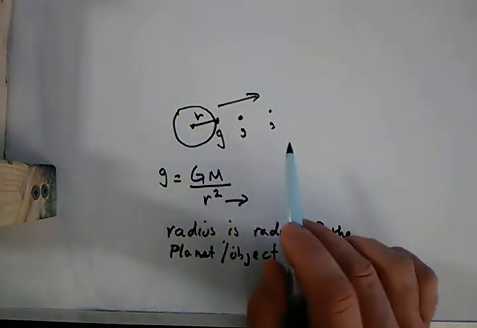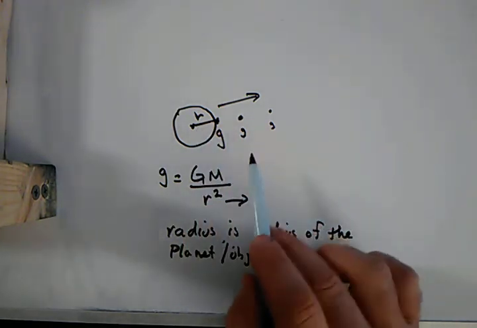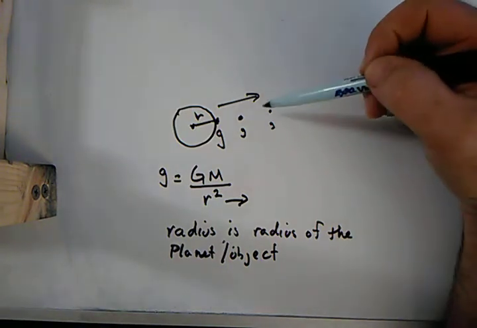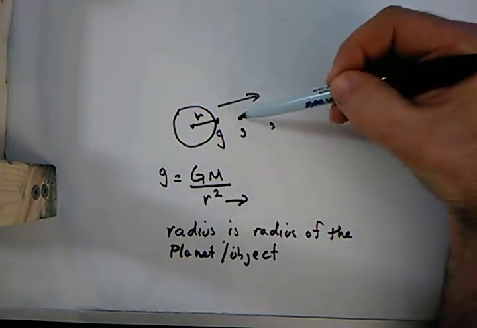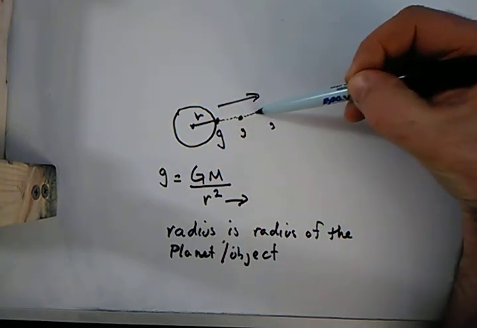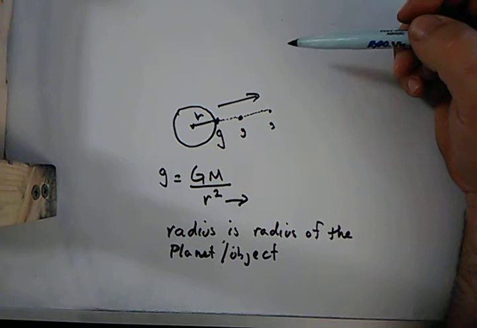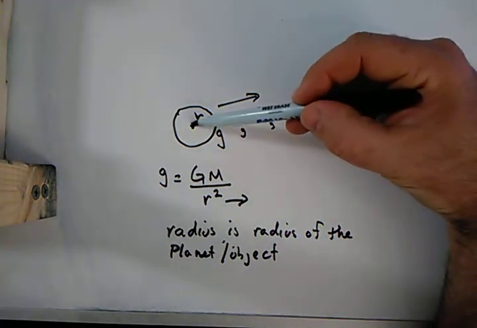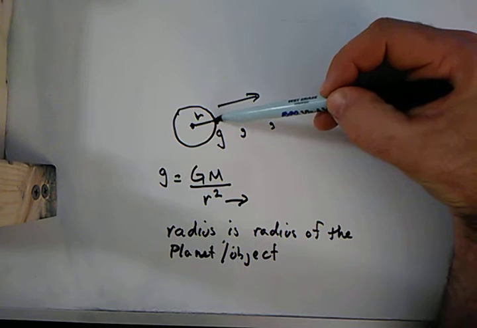Let's just take a look at it for a second. I made these the same size for a reason. If I ask where would I be if I were one radius above the Earth's surface? Well, this is the Earth's core. This is the Earth's surface.